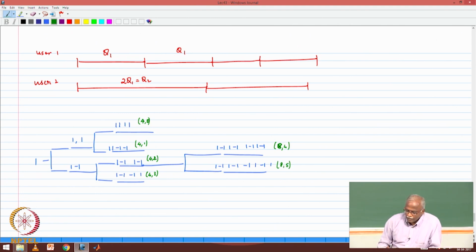Okay. I want you to pause for a moment and think: if I had given user 1 code 4,2 and user 2 code 8,4, what would be the correlation between the two of them? 100%, because it is exactly the same thing, or with a flip.